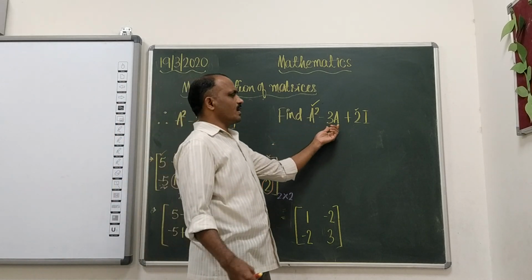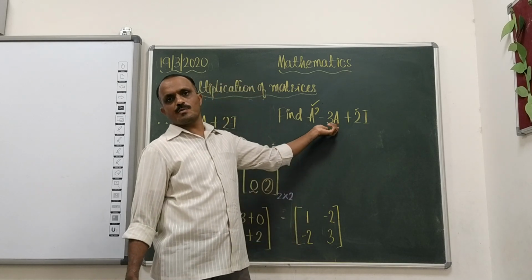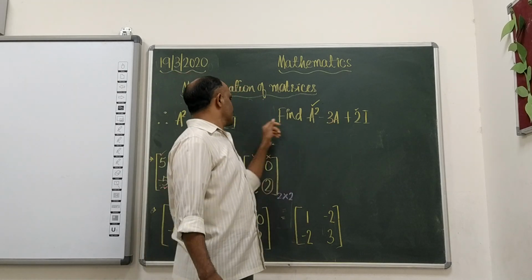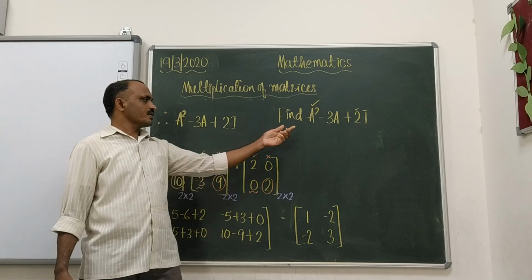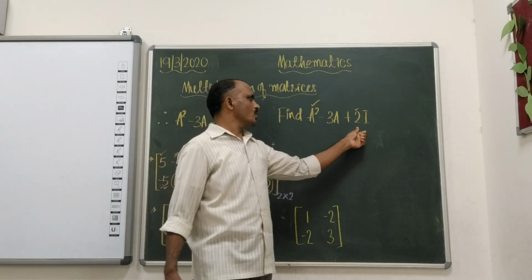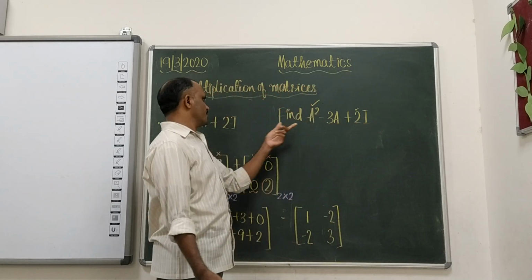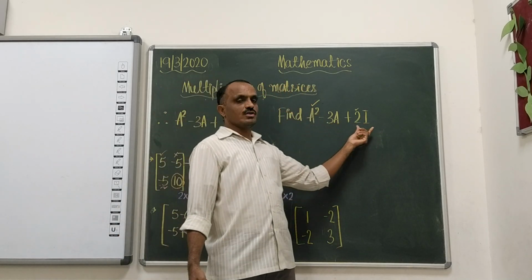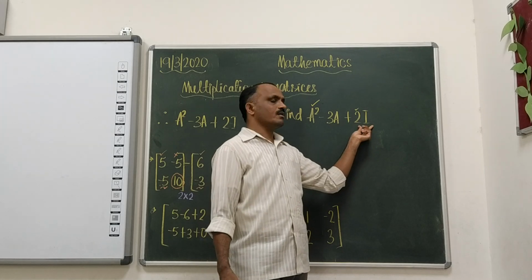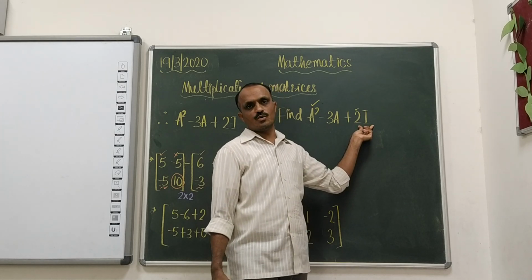Then minus 3A is scalar multiplication. Each element of this matrix A we multiply by 3. Then 2I, where I is the identity matrix. Whatever order is given for matrix A, we take the same, so it is 1, 0, 0, 1.